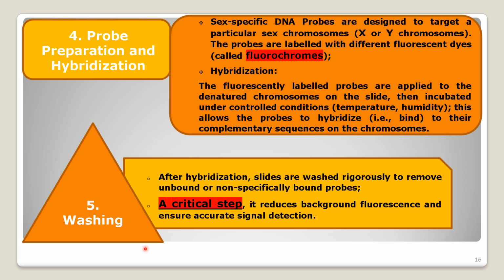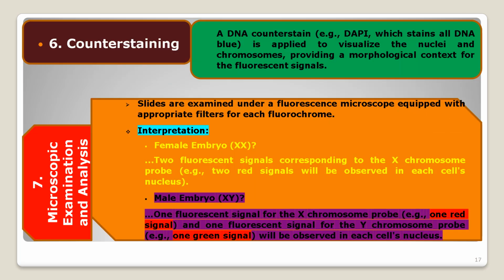Then comes washing. This is a critical step as it reduces background fluorescence and ensures accurate signal detection. During this process, slides are washed rigorously to remove any unbound or non-specifically bound probes. Then comes counterstaining, whereby a DNA counterstain, DAPI, which stains all DNA blue, is applied so that it can enable the visualization of the nuclei and the chromosomes, providing morphological context for the fluorescent signals.